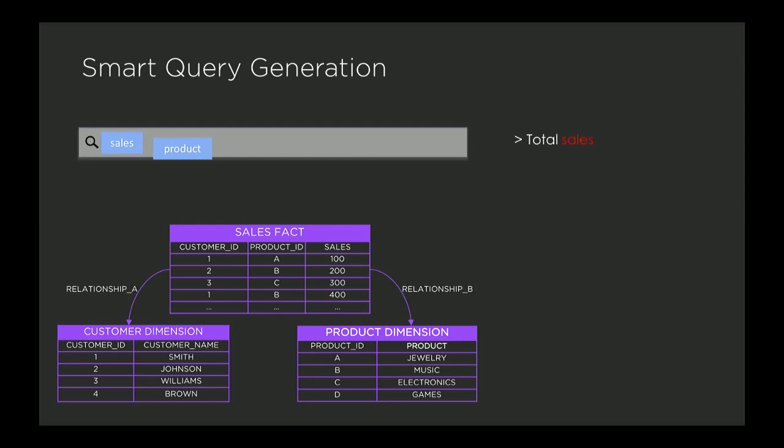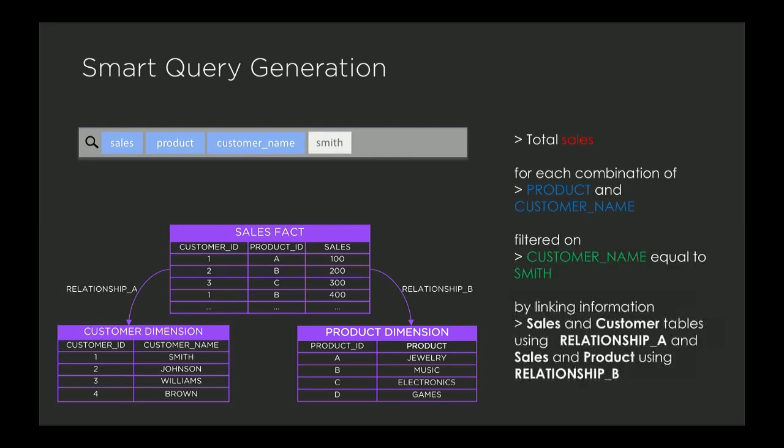And as the user continues to type in product and customer name, it recognizes that now we want to perform this aggregate on the sales data for each of these dimensions, product and customer name. And you can also provide filters. In this case, we're using a filter on a particular customer name value, and so it applies a filter on that. And then in this query generation, it also automatically links the sales and customer tables through a relationship, as well as the sales and product tables with another relationship.